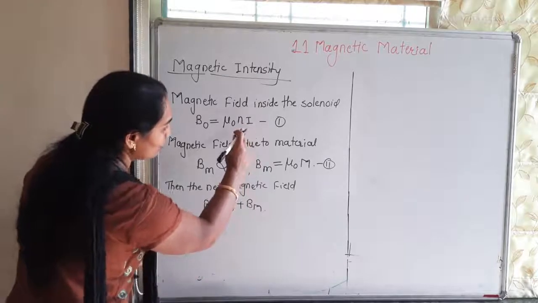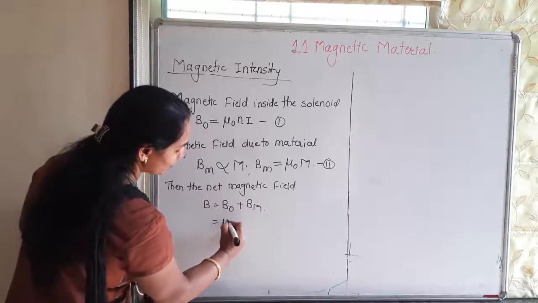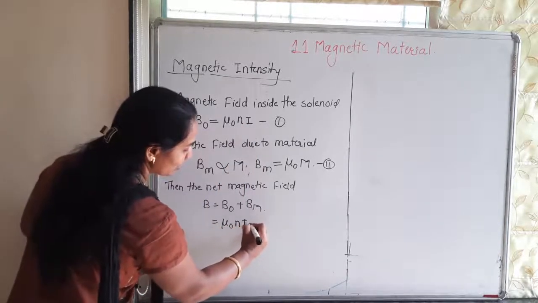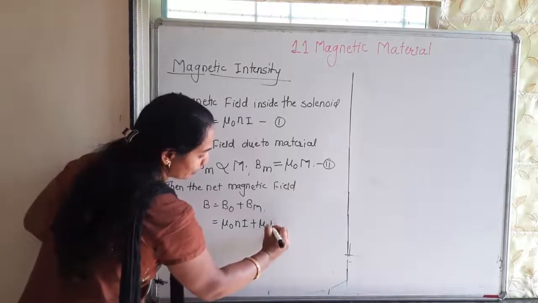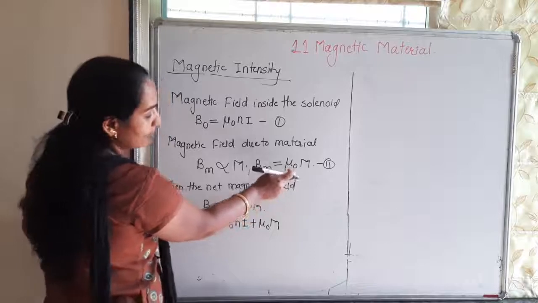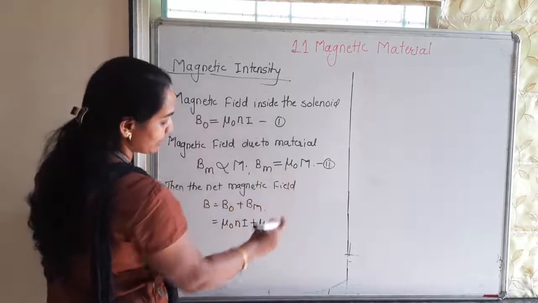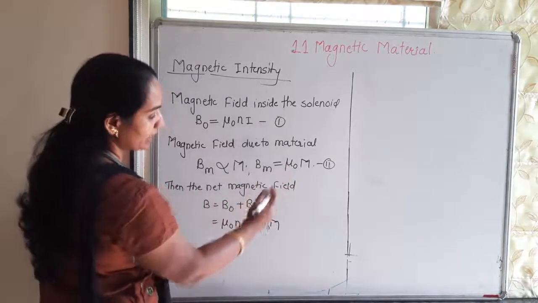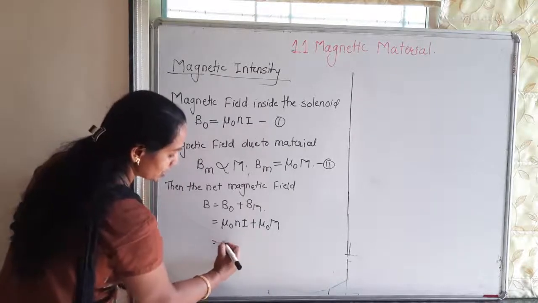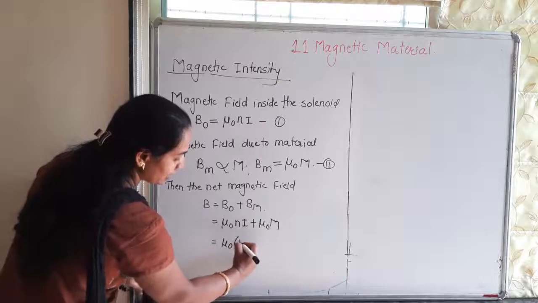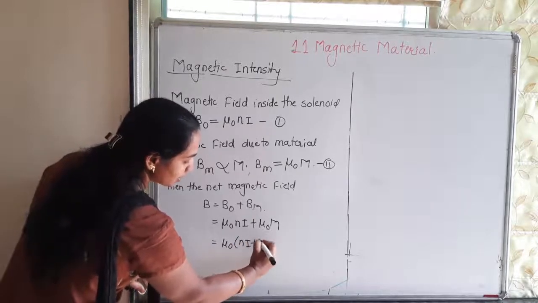Then by equation 1, B is equal to mu0 n into I plus mu0 M, where mu0 is the permeability in free space. Since mu0 is constant, take it outside: B equals mu0 into (n I plus M).